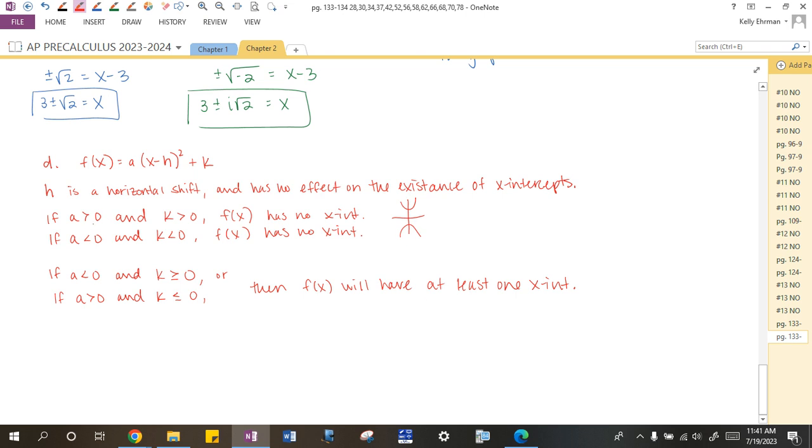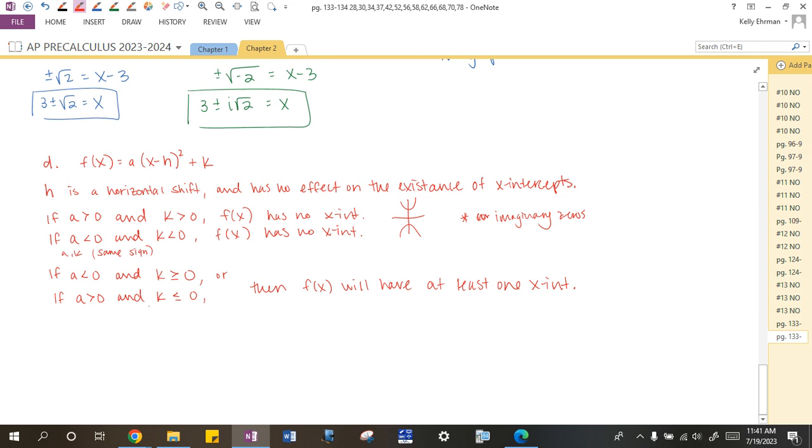I could have said if a and k have the same sign, then you're not going to have any x-intercepts. And because I didn't include this, that means that you're going to have imaginary zeros.